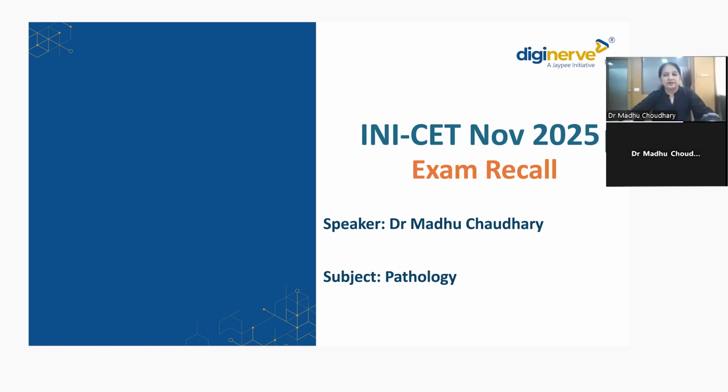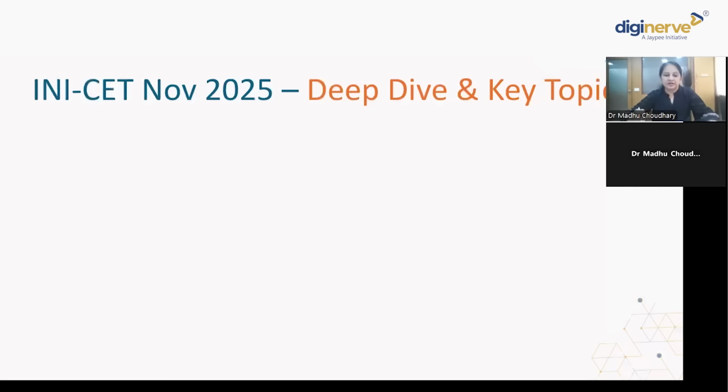Let's have a quick recall of all the pathology MCQs asked in your recent INI-CET exam, that is the November 2025. There were around 21 MCQs asked in pathology. I'm telling you a tentative number, there could be an overlap in physiology, medicine or other subjects also.